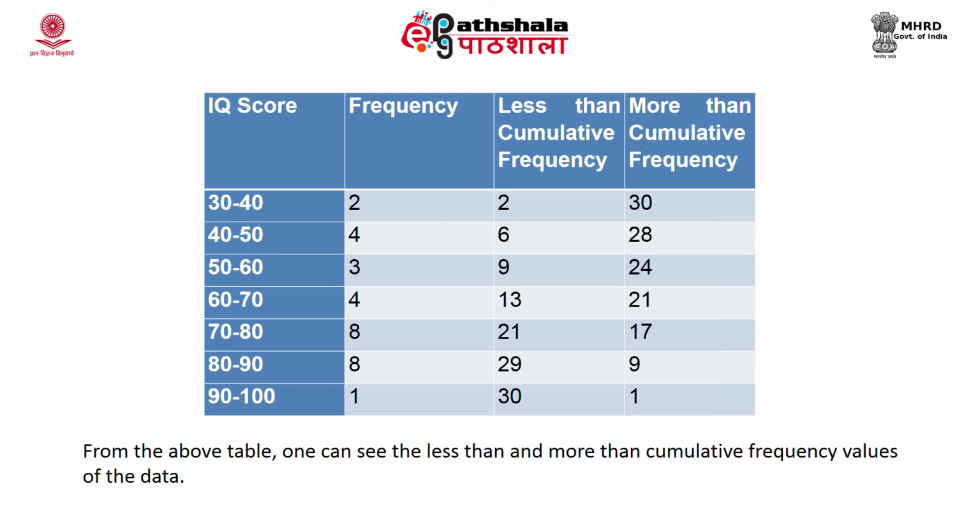For less than cumulative frequency, we add the frequency of the preceding class to the class interval, that is 40 to 50, and for more than cumulative frequency we subtract the frequency of the previous class, that is 2, from 30. So we get 28.